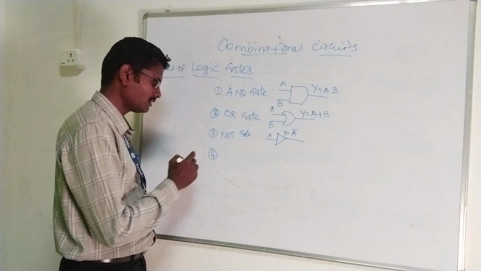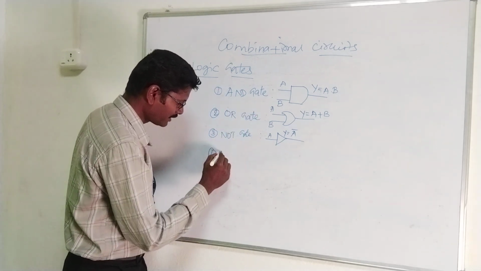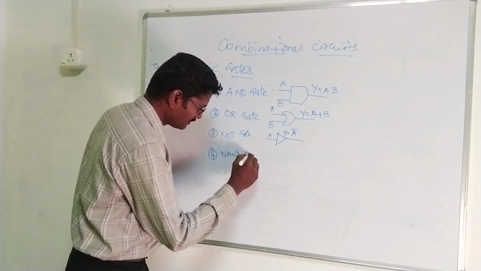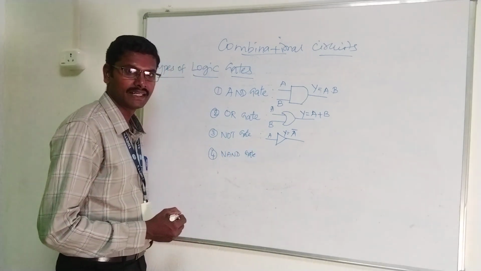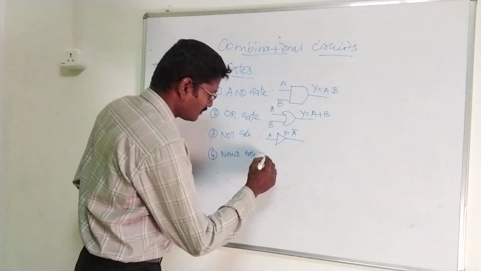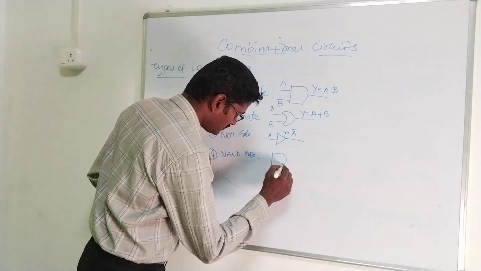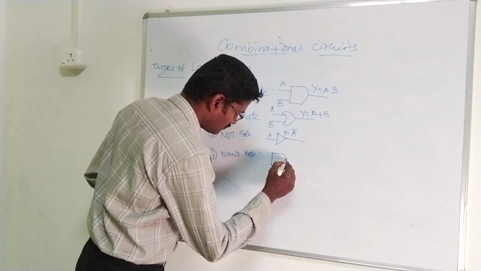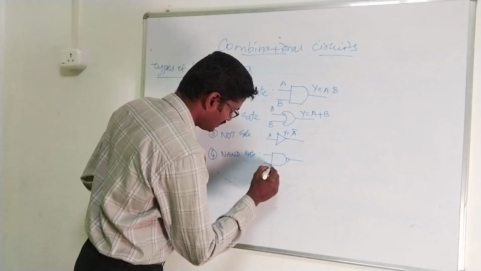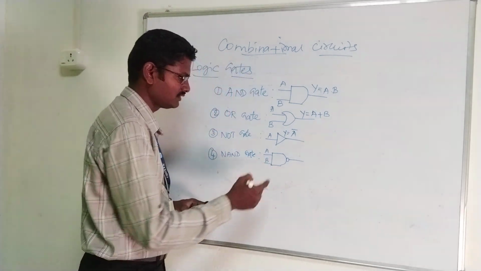So AND gate, OR gate, NOT gate. The next one is the NAND gate. The symbol for the NAND gate is the same as the AND gate, but at the output we will have a bubble. A bubble means an inversion operation, which is similar to the NOT gate.